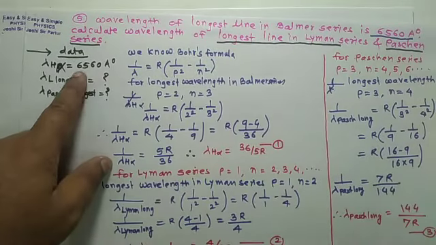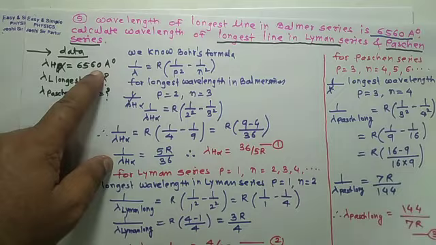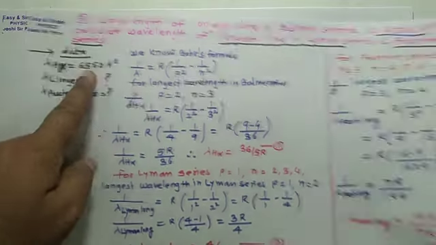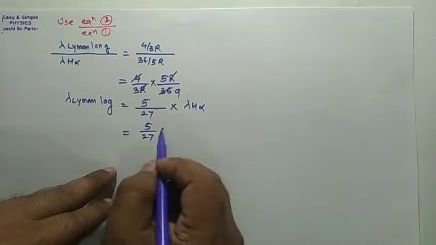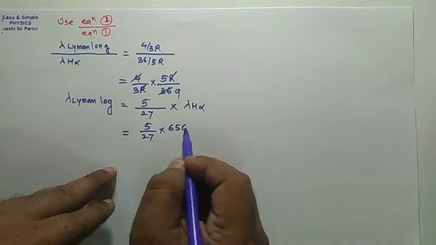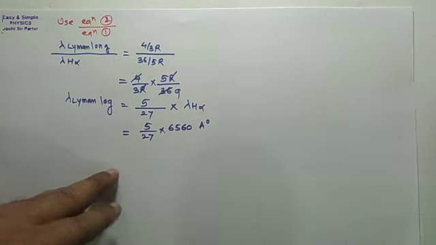We know lambda H alpha is 6560 angstrom unit. So 5 upon 27 multiplied by 6560 angstrom unit.